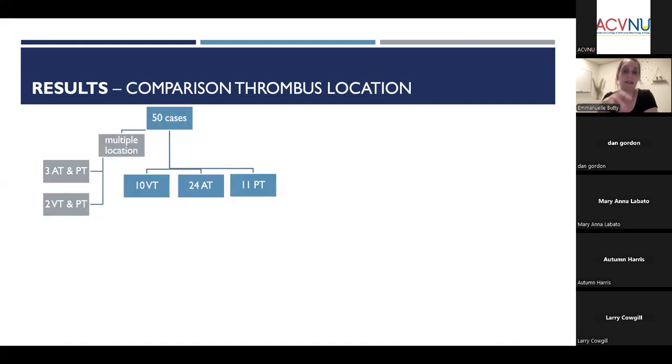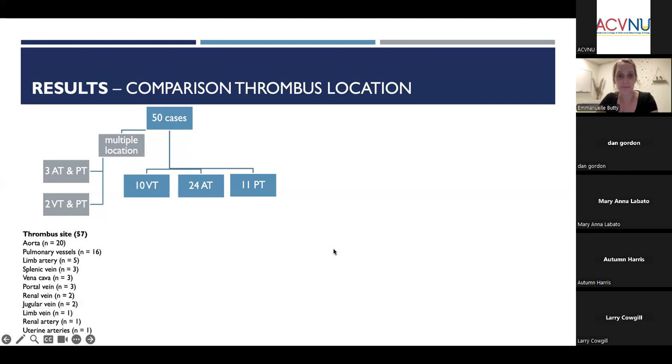Now when we look at the comparison between thrombus locations, before we were comparing both groups, now within the thrombotic disease group, these 50 cases, they are looking at where the thrombi were located, and they had to exclude 5 cases because they had multiple locations. But for the remaining cases, they had 10 venous, 24 arterial, and 11 pulmonary thrombi.